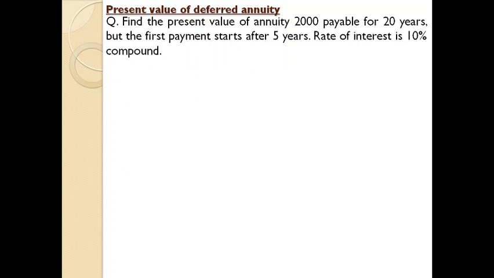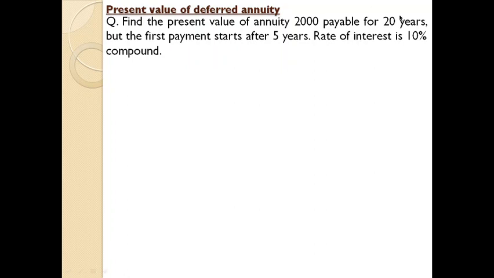As I have told earlier, deferred annuity is a situation in which the first payment begins only after the lapse of a certain period. So in this question, find the present value of an annuity of 2000 payable for 20 years, but the first payment starts only after the fifth year.